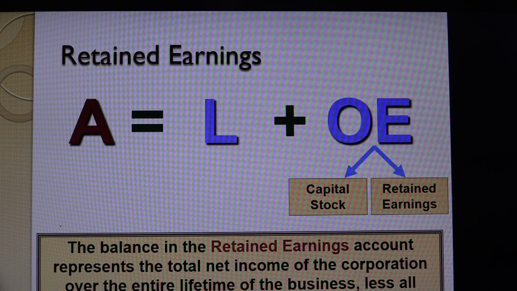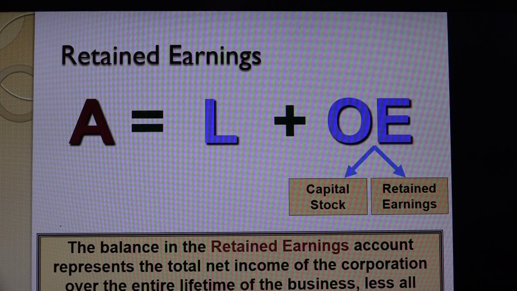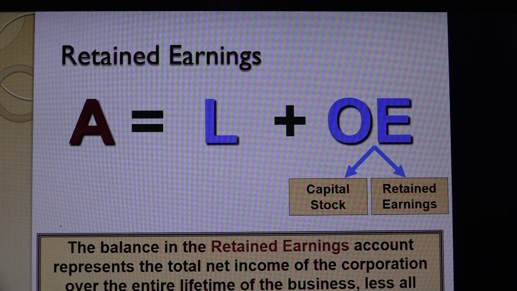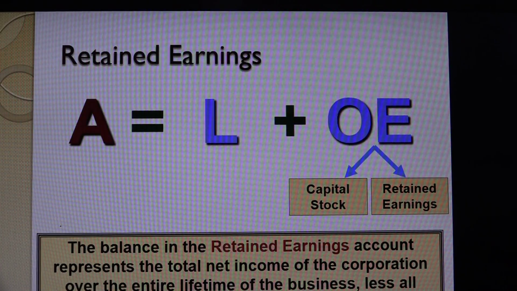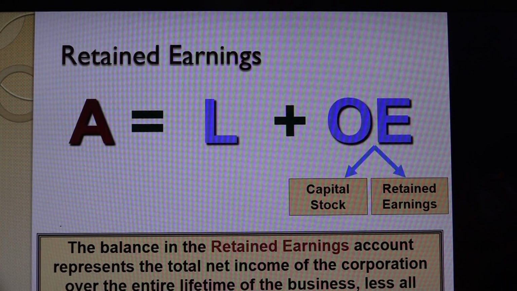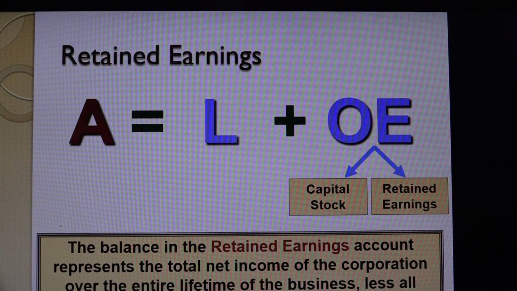The balance in the retained earnings account, unless you're sustaining all kinds of losses, is only a credit balance because it increases owner's equity. Capital stock, as we saw with the $80,000 investment, increased owner's equity, and that was a credit balance.